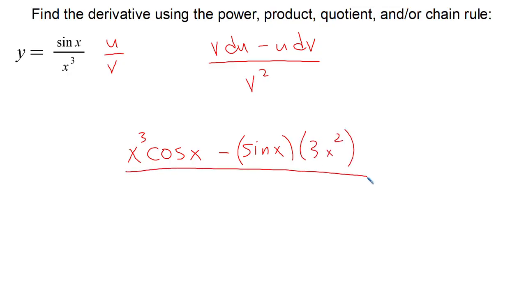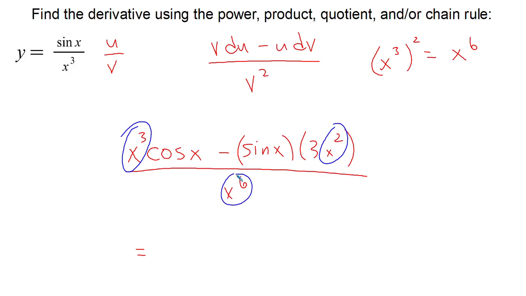We'll divide that all by x cubed squared. Right? X cubed squared using exponent rule should just be x to the 6th. So that'll be x to the 6th. And we'll do just a quick simplification since we have an x cubed and an x squared and an x to the 6th that they're being divided by.